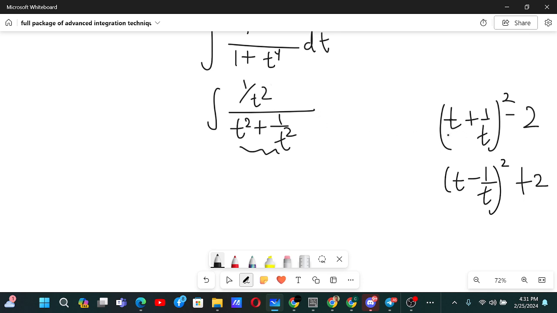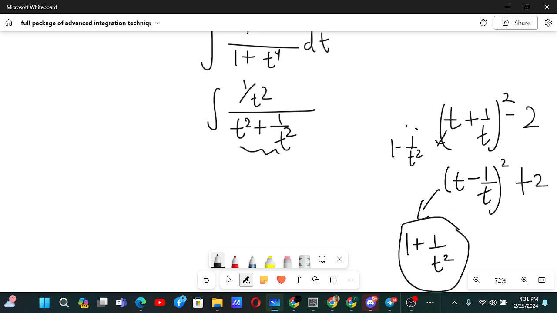So how? Because the derivative of t minus 1 by t will just be 1 plus 1 by t square, and the derivative of t plus 1 by t will be 1 minus 1 by t square. Yeah, so what we can do is, if we subtract this from this one, what we get is 2 by t square. So we can have both of the terms and then write them in this form.